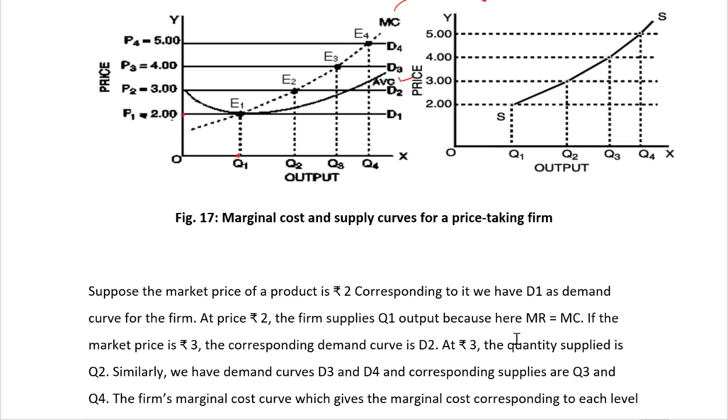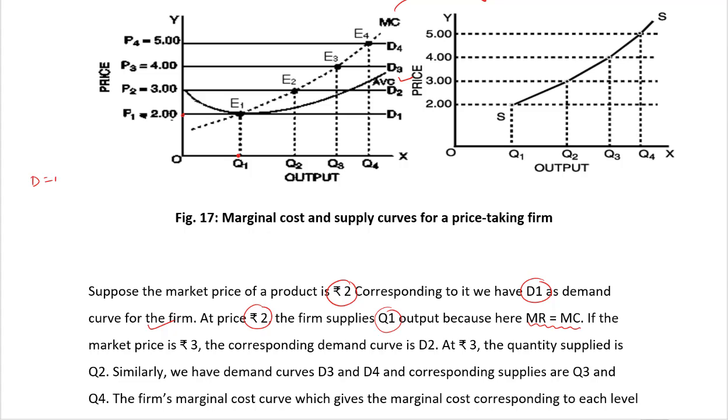Suppose the market price of the product is rupee 2, corresponding to it we have D1 as the demand curve of the firm. At a price of 2, the firm supplies Q1 output, because here MC equals MR. Over here, students, this demand curve D depicts what?